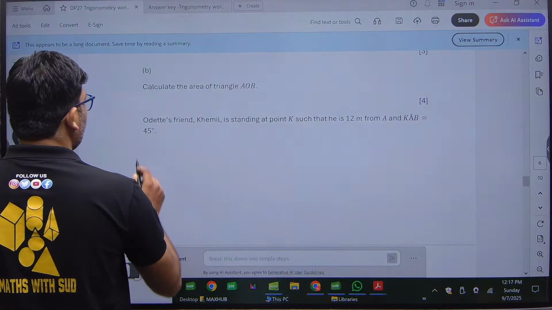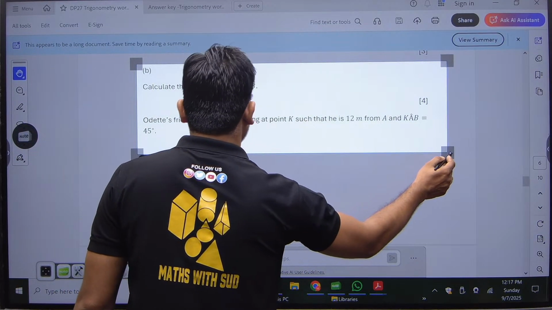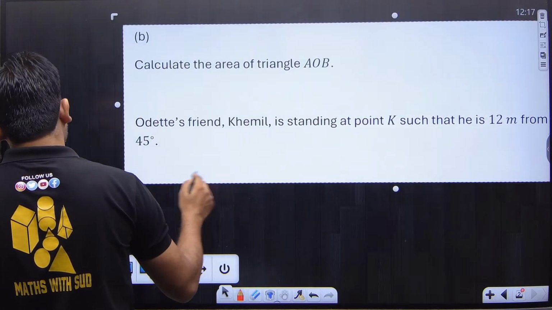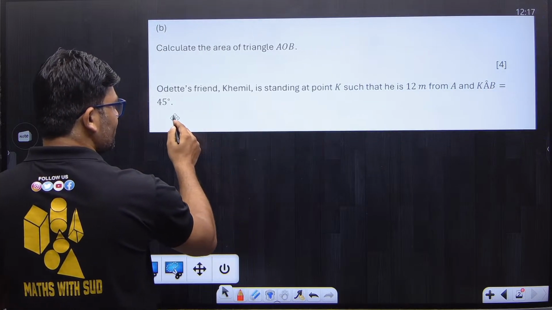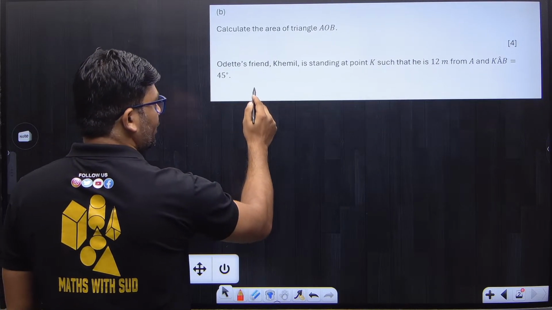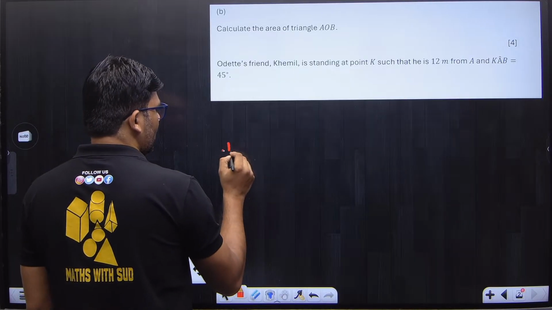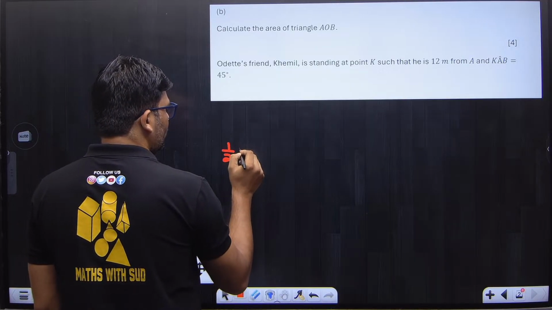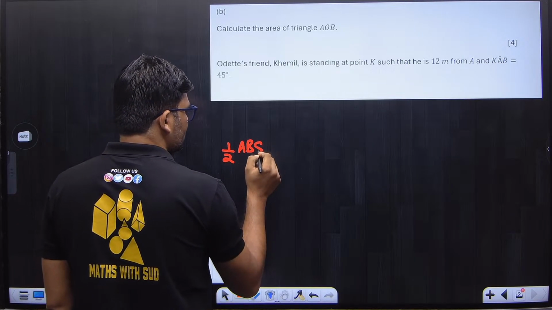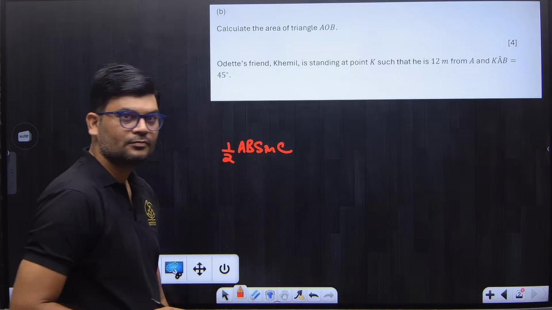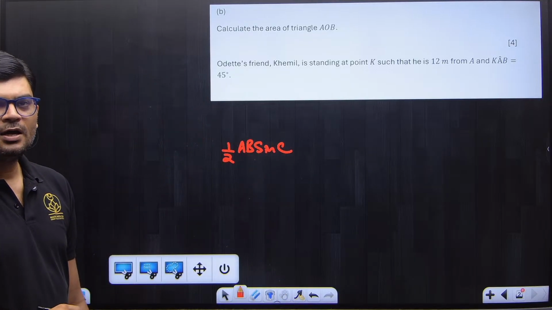Calculate the area of the triangle AOB. I think we did this as well. And I told you in the last class, we saw the video as well, that the area of a triangle is given by the formula half into ab sine C. What is the formula?